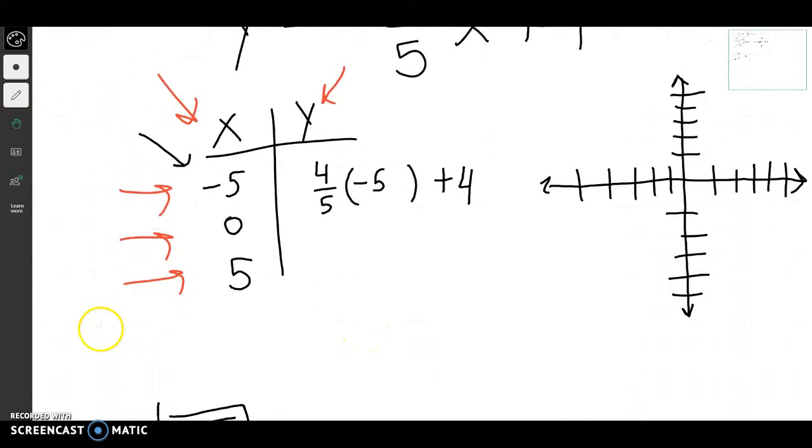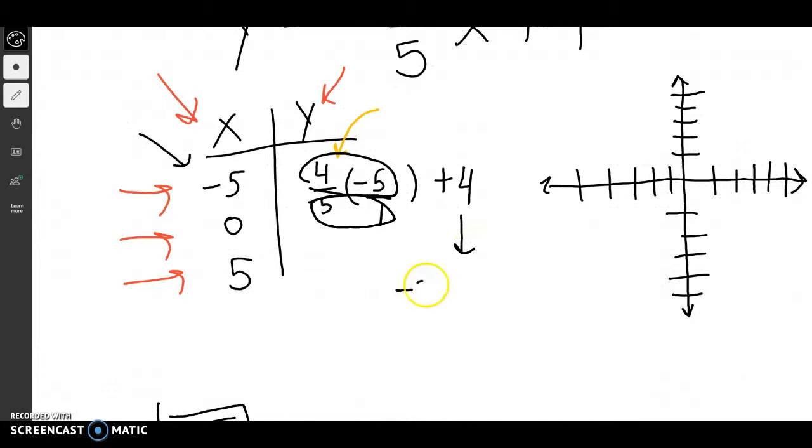Because this thing is a fraction right here, I would like this thing to also be a fraction, so let's put that over 1. And now I'm going to multiply straight across. So what I will end up getting is -20/5 plus 4. Well, -20/5 would just be -4. And -4 plus 4 would be 0.